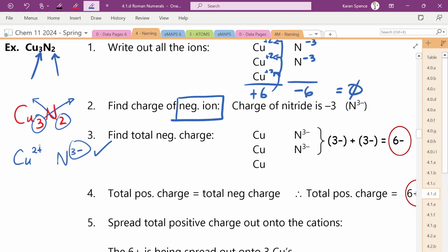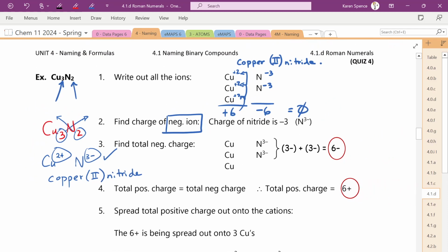And so that means that we have copper with a 2+ charge, so it's copper, Roman numeral 2, nitride. So your choice as to which method you prefer.